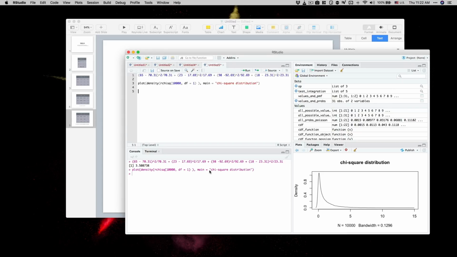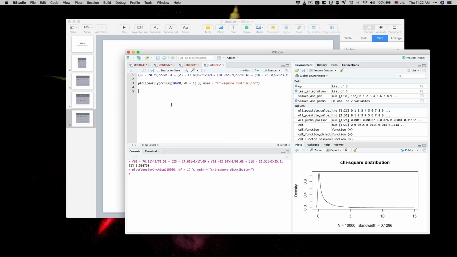Okay, next up we have to find out the p-value under this distribution. By definition, the p-value is the probability of seeing some value that is even more extreme than you have observed. And in this case, you are supposed to see something that's greater than 3.508 under this chi-square distribution. By the way, this is a chi-square distribution with 1 degree of freedom.